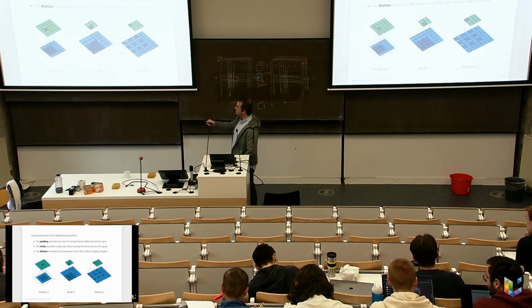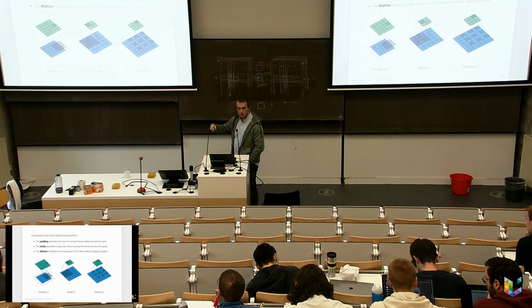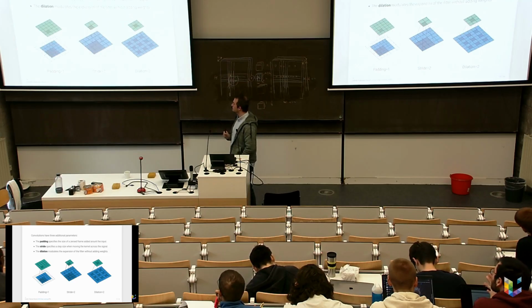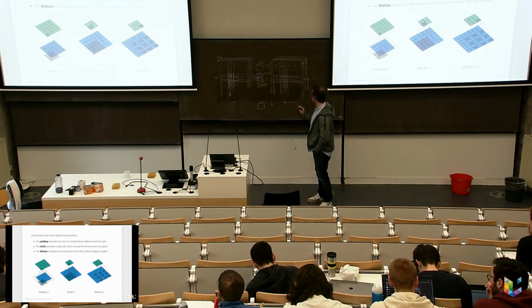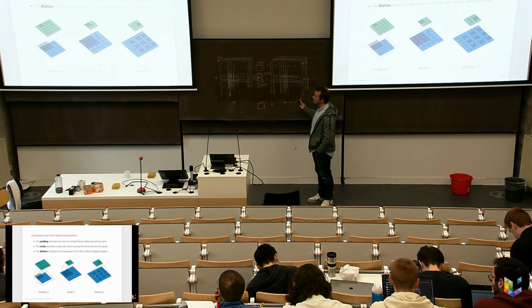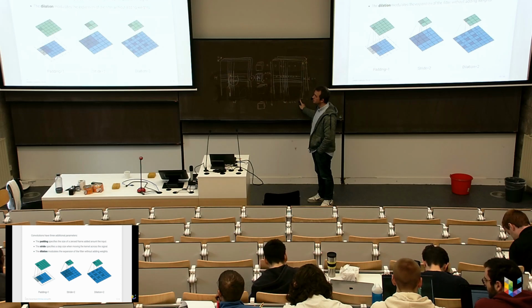Now, given this larger image, you compute the 2D convolution, and if you set the padding in just the right way, the result can be an image of the same size as the input image. Okay?